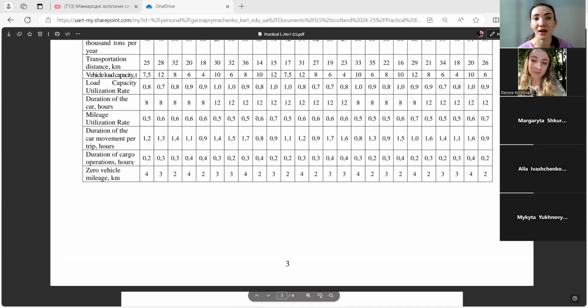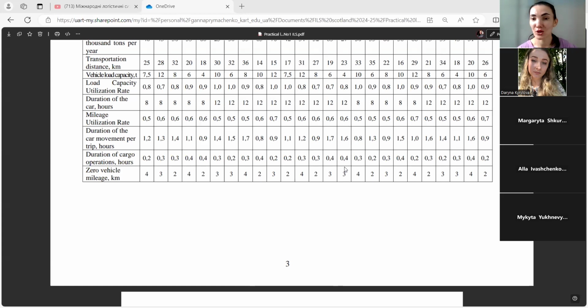So we use the second line down from our table 1.1. So if you have first variant, we use 0.2, second variant 0.3, and other. Thank you very much. You are very active in our practicals.